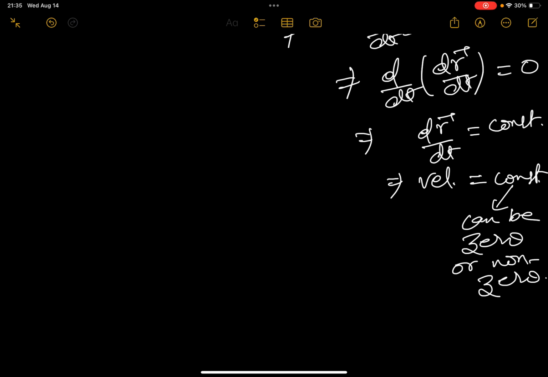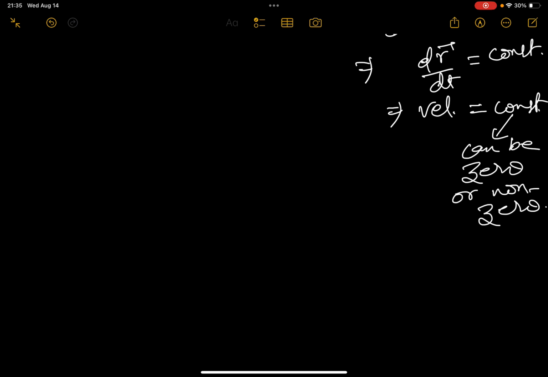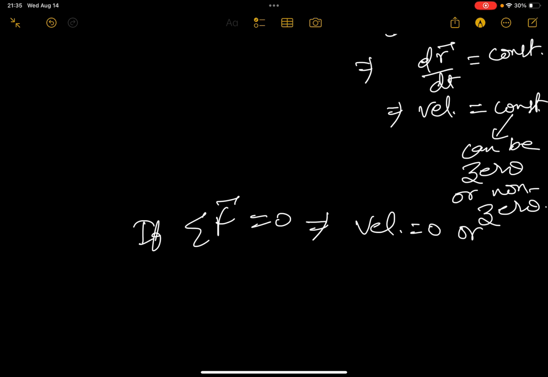So what we can conclude is that if summation F equals 0, then velocity equals 0 or velocity is non-zero but constant. This is what we know from Newton's first law: if the net external resultant force acting on a body or system is 0, then that body is either at rest or moves with a constant uniform linear velocity.